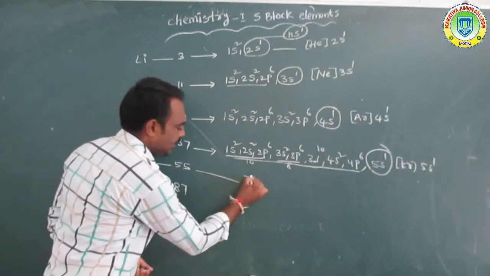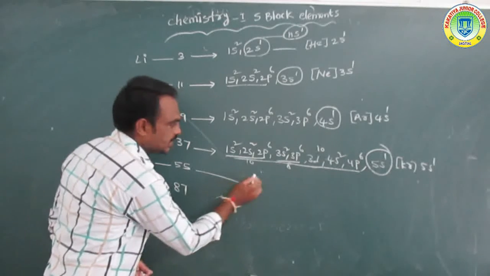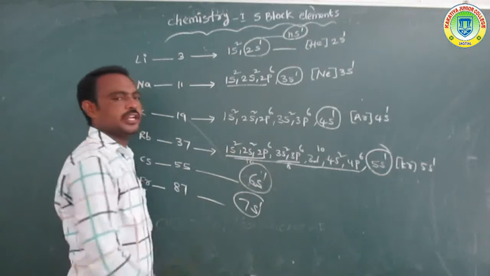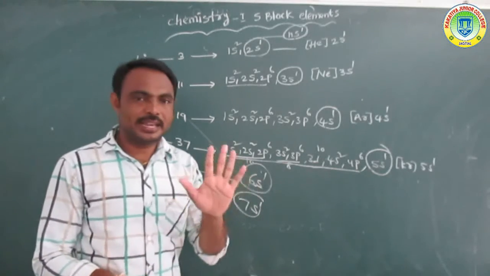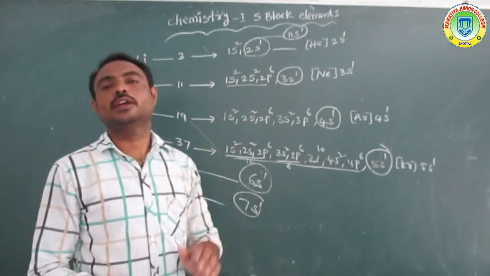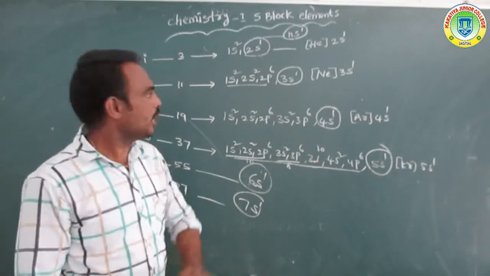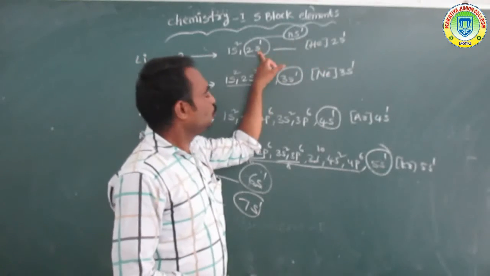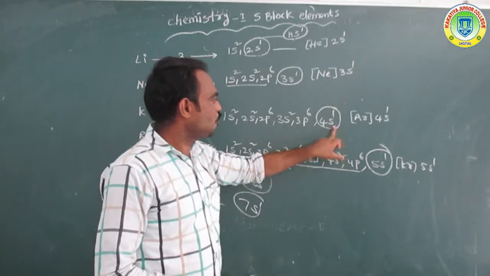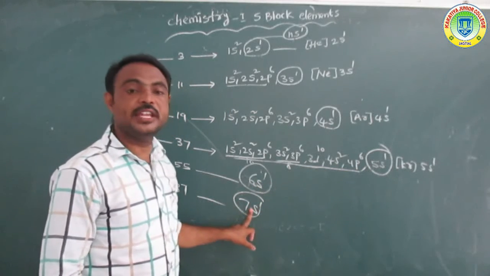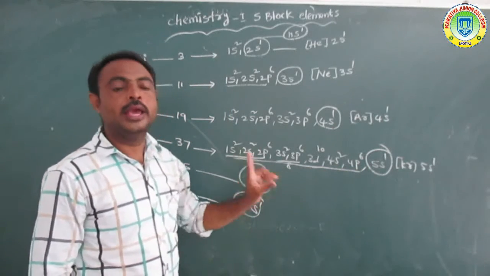Similarly, it ends with 6s1 and 7s1. Overall, what is the general electronic configuration? ns1. So 2s1, 3s1, 4s1, 5s1, 6s1, 7s1, overall ns1.